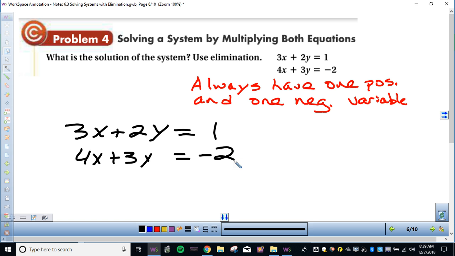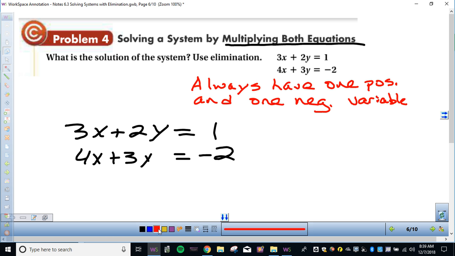Next to problem 4, solving. You have to multiply both equations, right? So up top here, we're multiplying both equations for these problems, because neither x or y cancels. So you can see what I wrote up here. Focus.